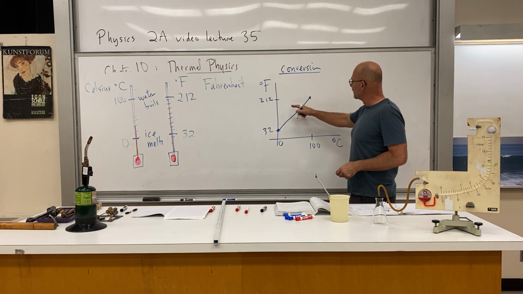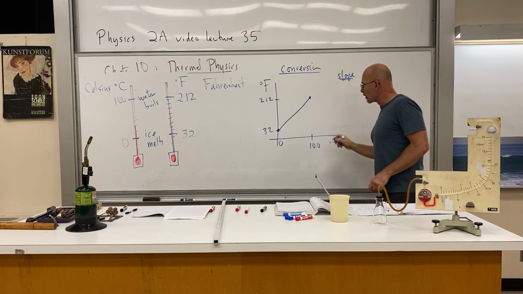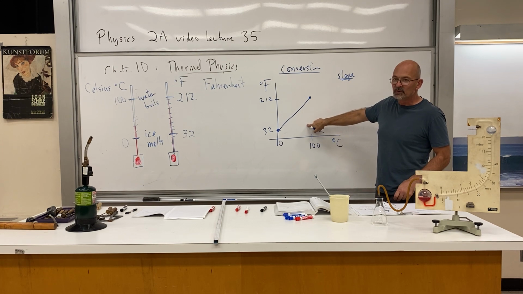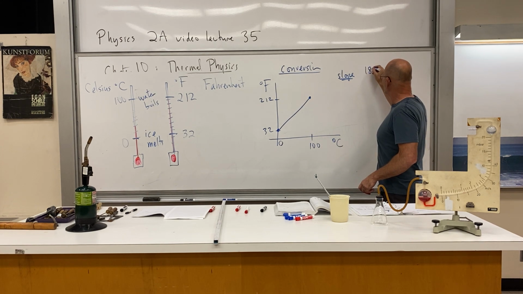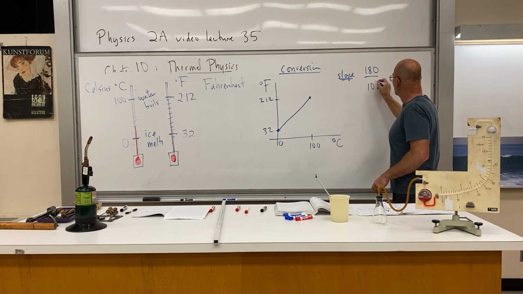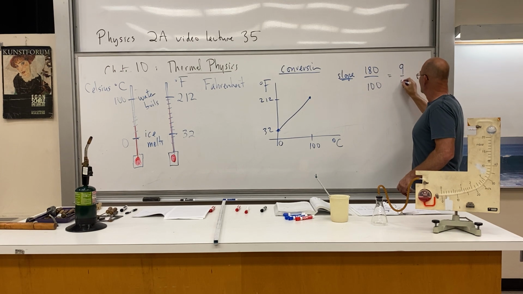Okay, so what do we have here? If you guys remember, the slope is the rise over the run, so we have 212 minus 32, that's 180. And then 100 minus 0 is 100. So that's 18/10, which is 9/5.